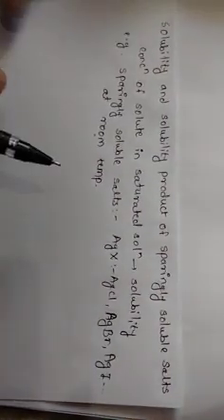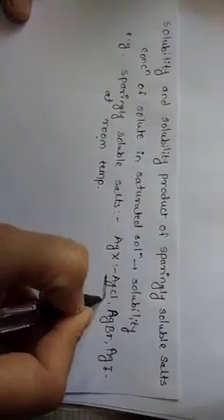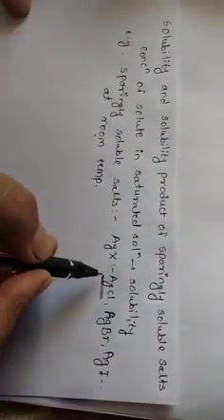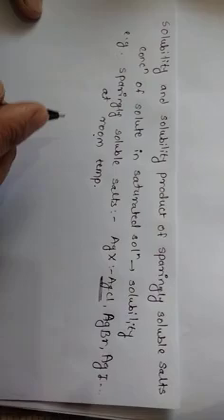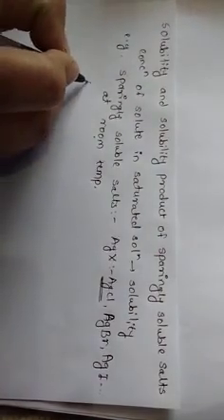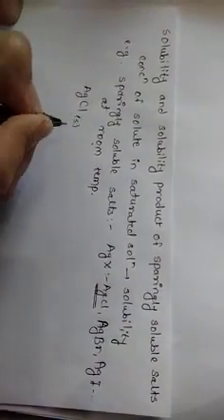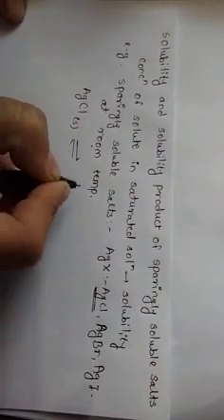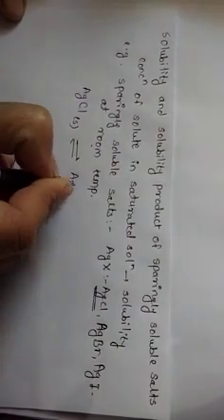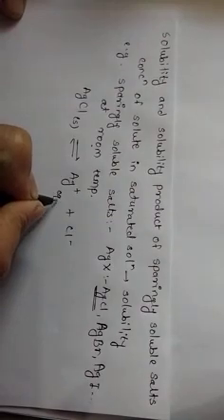Now we will consider AgCl as the example, and see how AgCl ionizes in water. First of all we will write this reaction: AgCl in the solid form is converted into ions, Ag plus and Cl minus, and these two are in the aqueous solution.